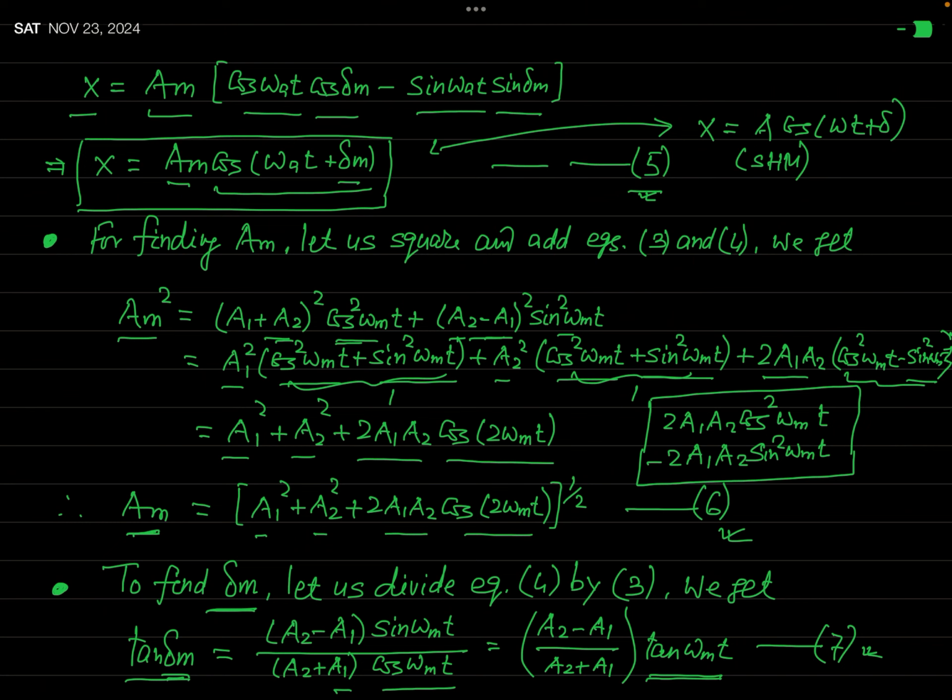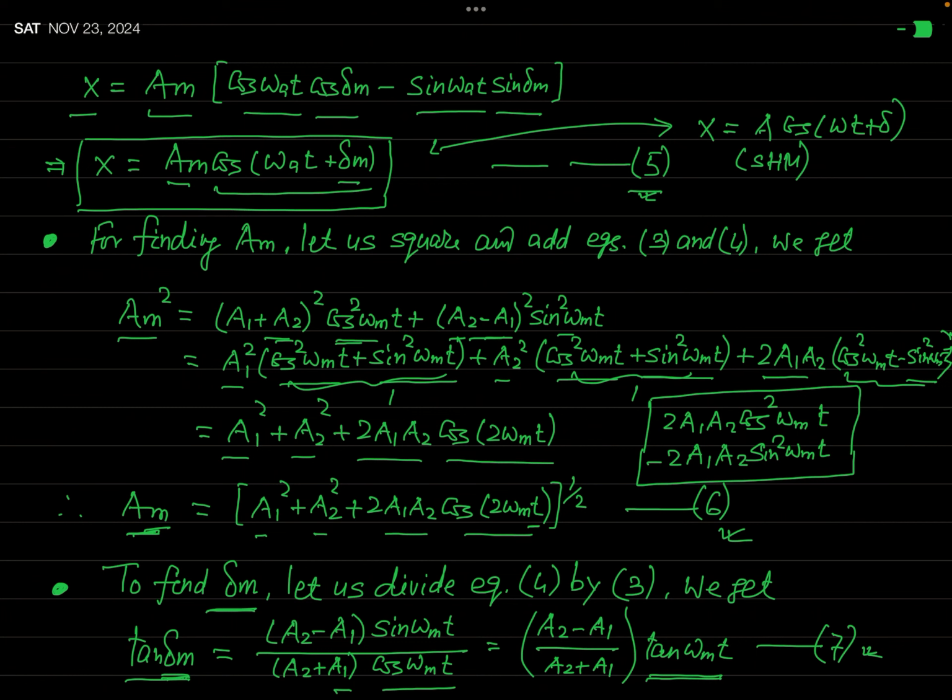The answer is no, they are not constant, because you can see A_m varies with time t. It is time dependent. Similarly, delta_m is also time dependent. So with change in time, the values of A_m and delta_m both will vary.